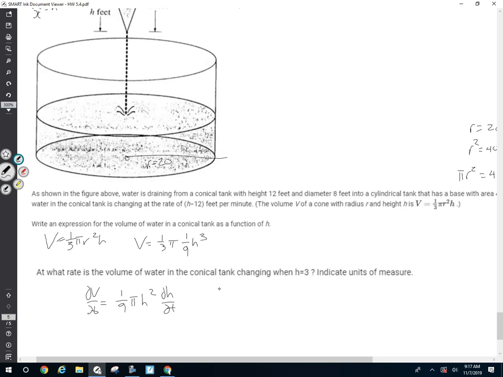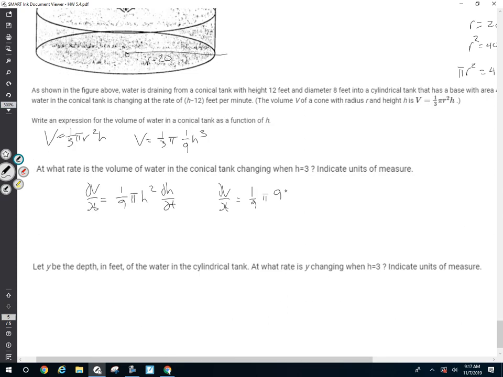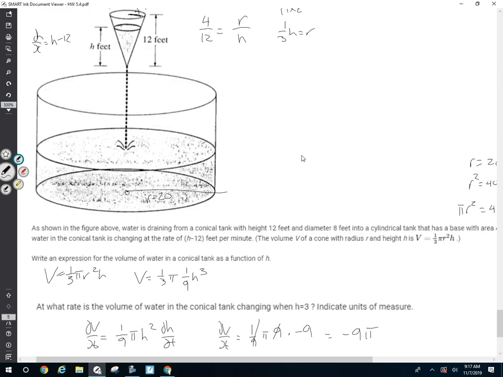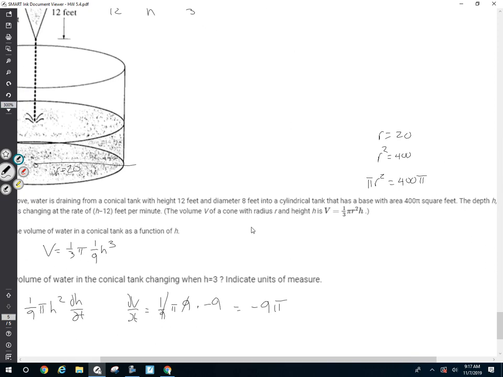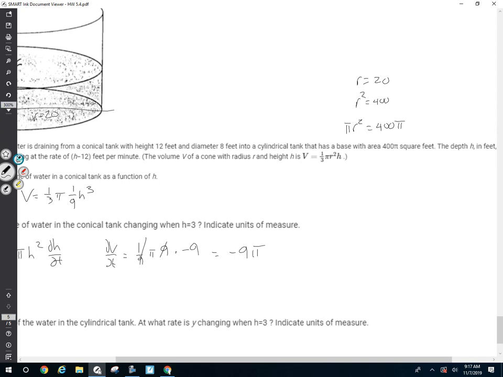When h is 3, dV/dt equals 1/9 times pi times 9, and dh/dt is 3 minus 12, so it's negative 9. So I think we got negative 9 pi. Indicate units of measure: it's a volume, so it's cubic feet per minute.